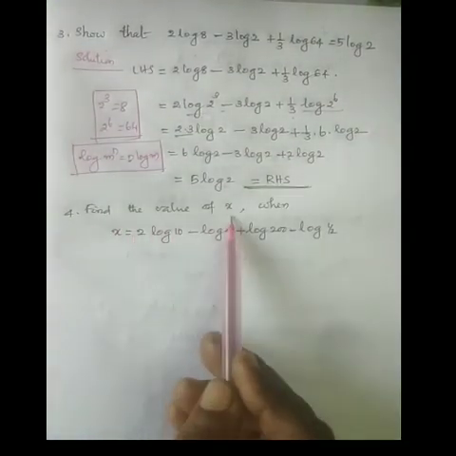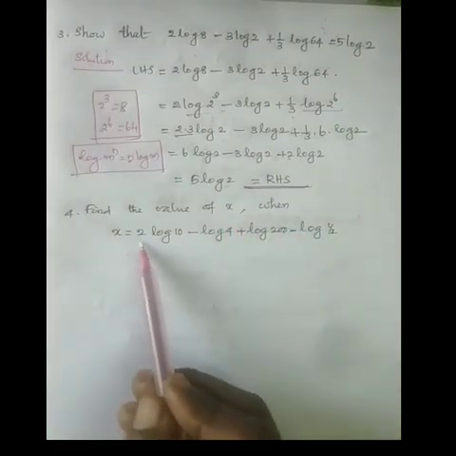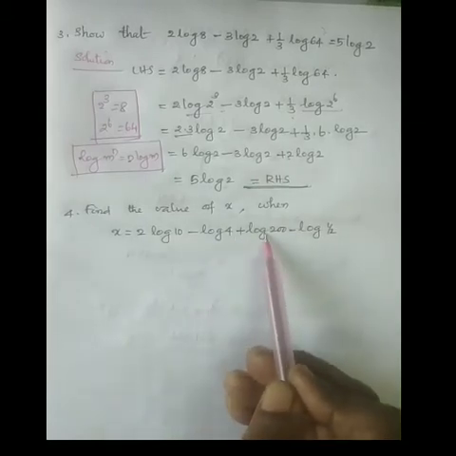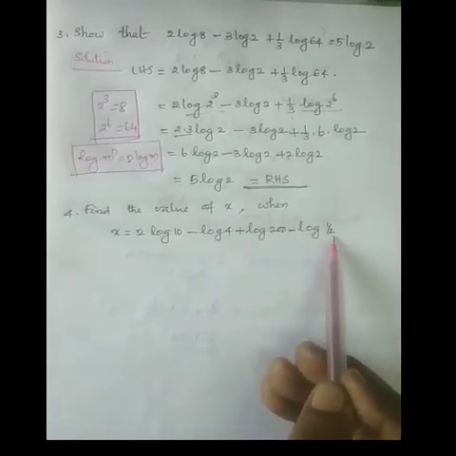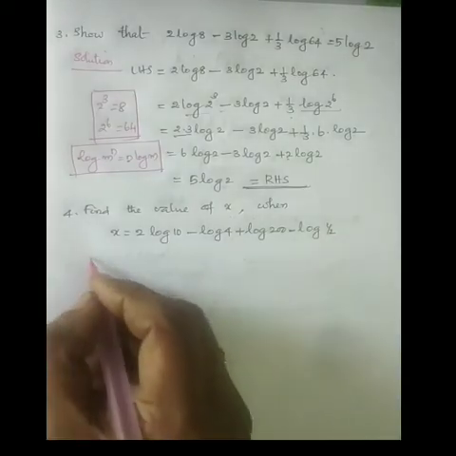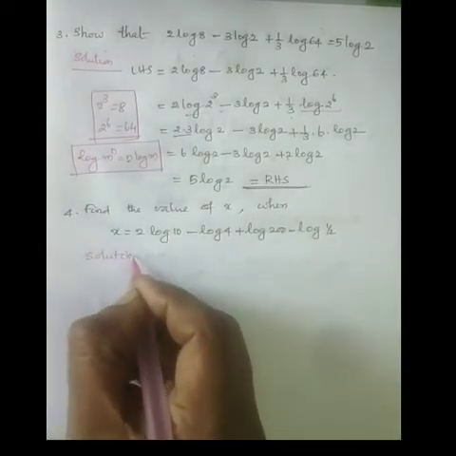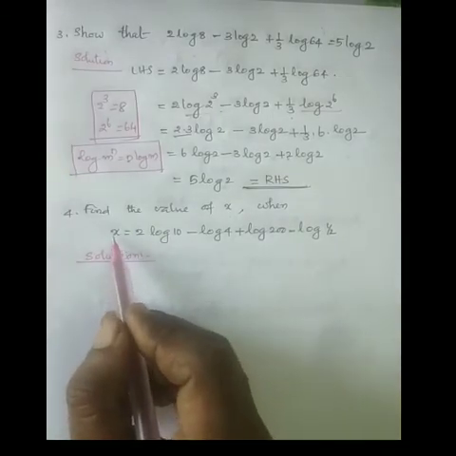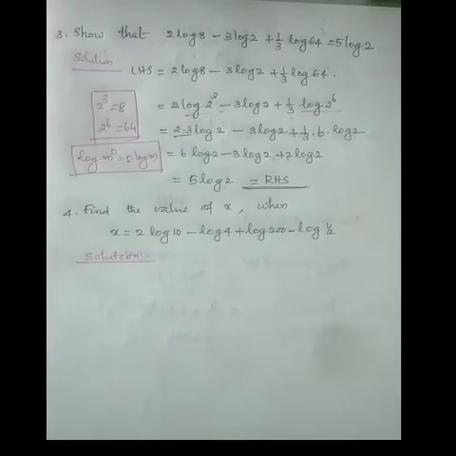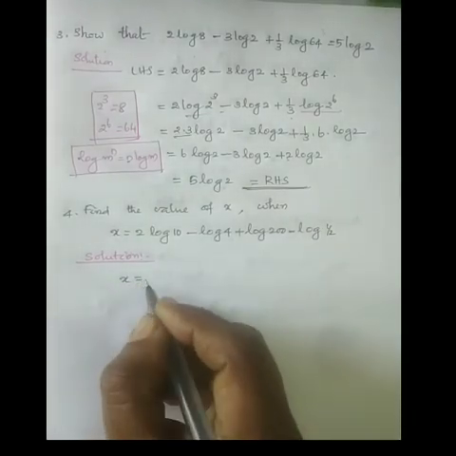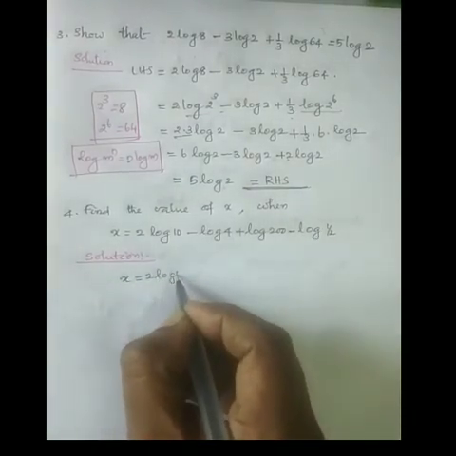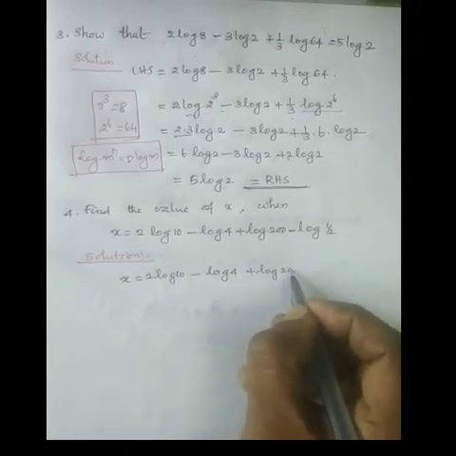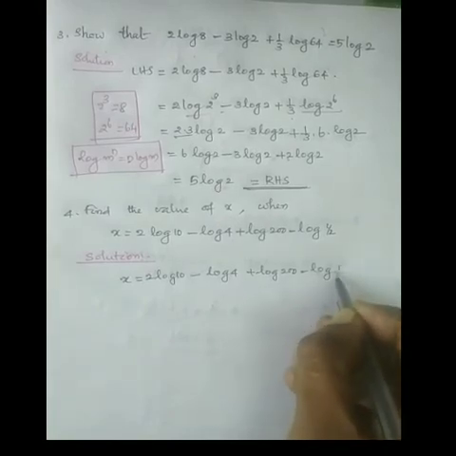Next one, find the value of x when x equal to 2 log 10 minus log 4 plus log 200 minus log 1 by 2. Solution. Given x equal to this condition, that is x equal to 2 log 10 minus log 4 plus log 200 minus log 1 by 2.